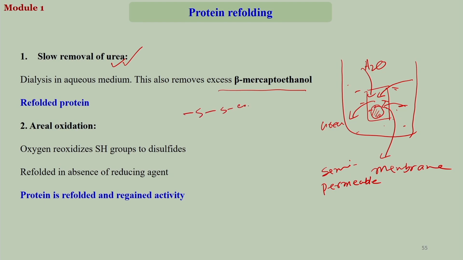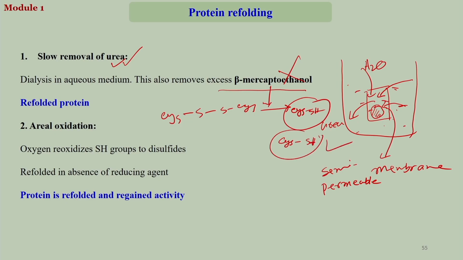If you have the cysteine that was reduced by using the beta mercaptoethanol, once you remove the beta mercaptoethanol, it cannot do this process again. Whatever free cysteine was present will remain.